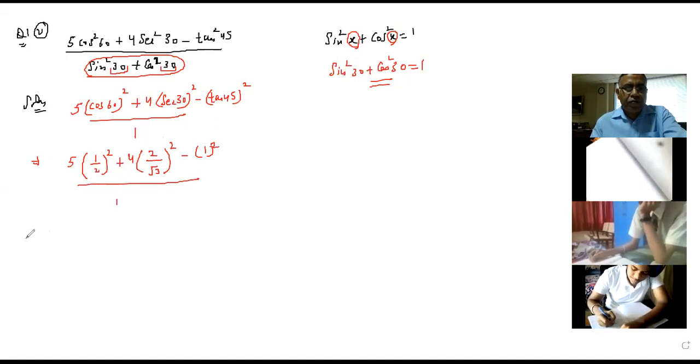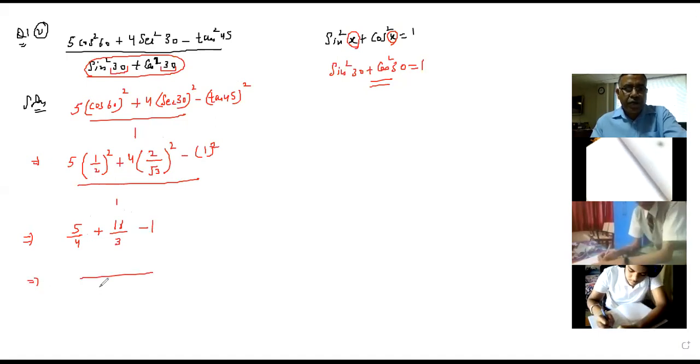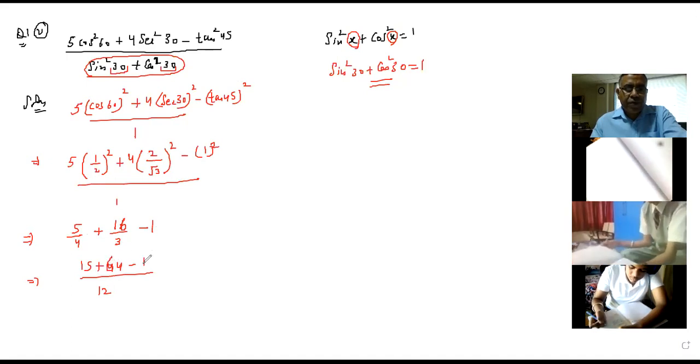Over 1. So this is 5 upon 4 plus 4 times 4 over 3, that is 16 upon 3, minus 1. Which implies 12 is the LCM: 4 times 3, 5 times 3 is 15, 4 times 16 is 64, minus 12.